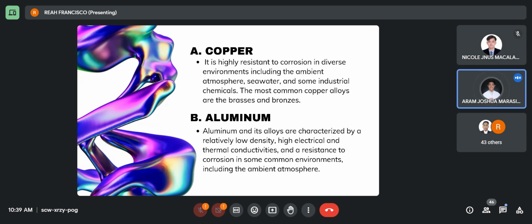Aluminum alloys po are high electrical and thermal conductivity, comparatively low density, and resistance to corrosion in a number of typical conditions, including ambient atmosphere, are the characteristics of aluminum po. Aluminum alloys are a diverse group of metals made by combining aluminum with various elements like copper, silicon, and magnesium.